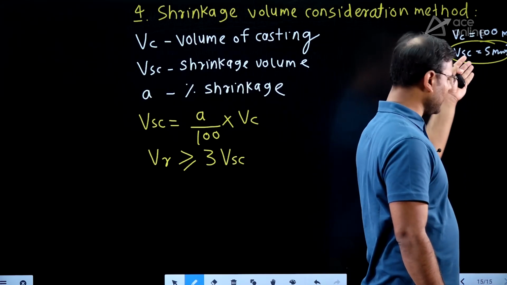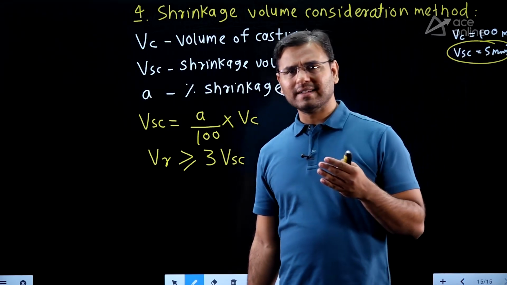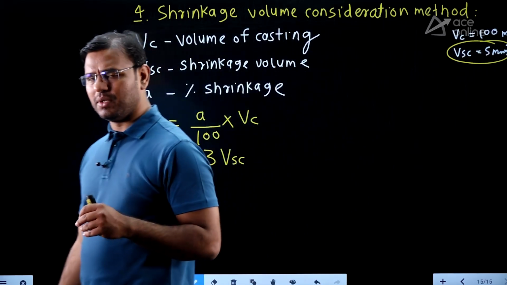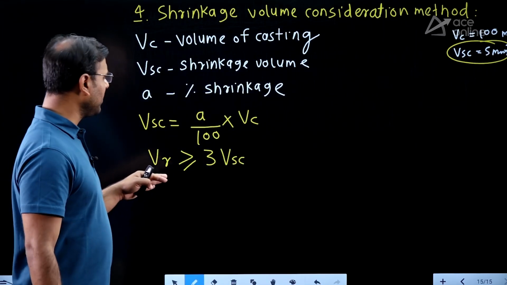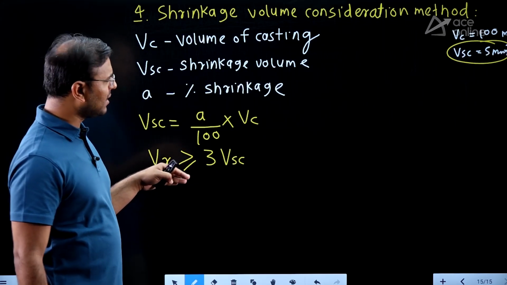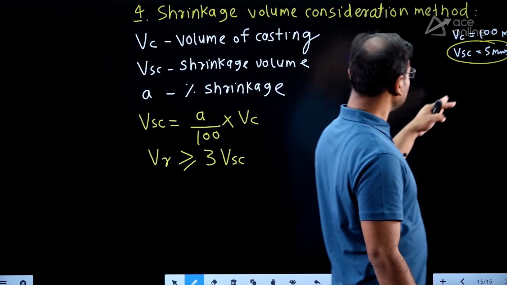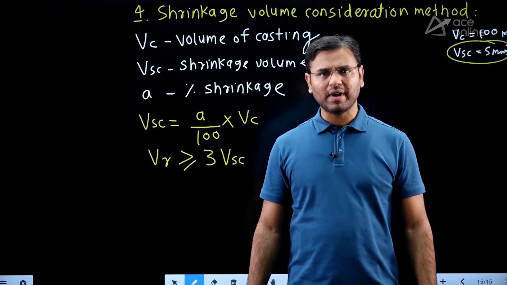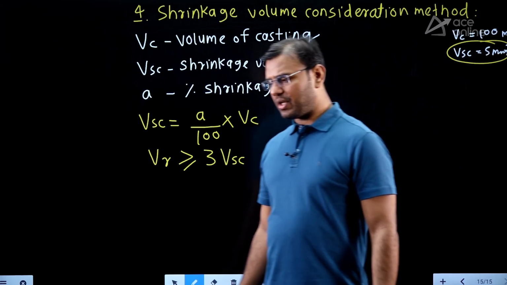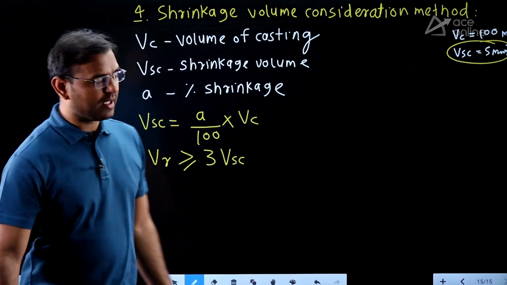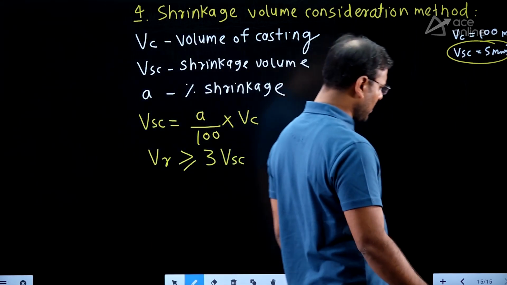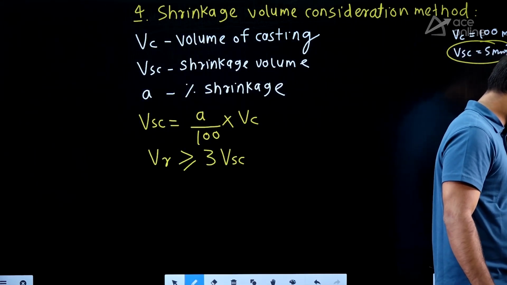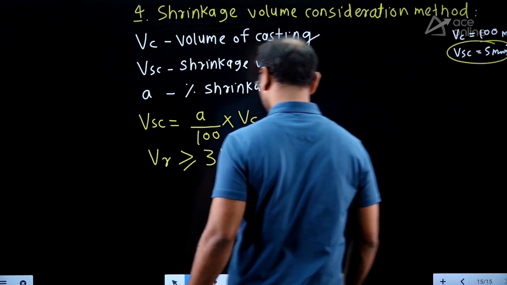Vsc is 5 millimeter cube, and the riser needs to supply only 5 millimeter cube. Then why am I taking the volume of riser greater than or equal to 3 times Vsc? It means at least we have to use a riser of 15 millimeter cube. Why is it so? Because some molten metal is converting into solid in the riser also. Therefore, we have to select a bigger volume of molten metal for the riser.